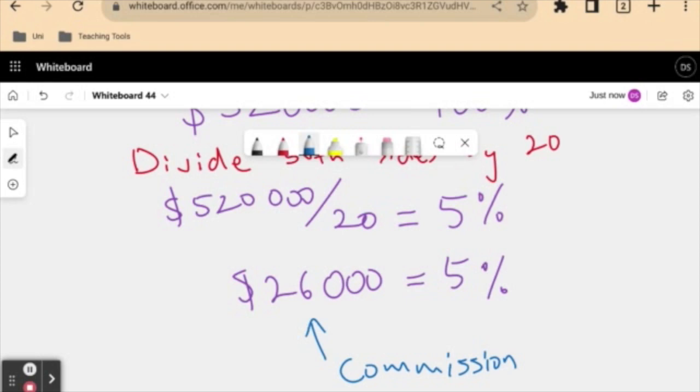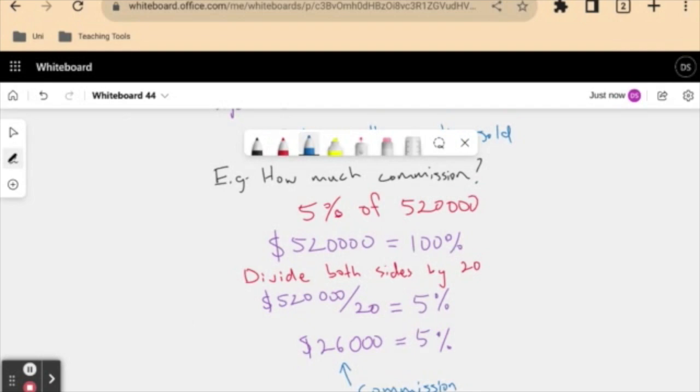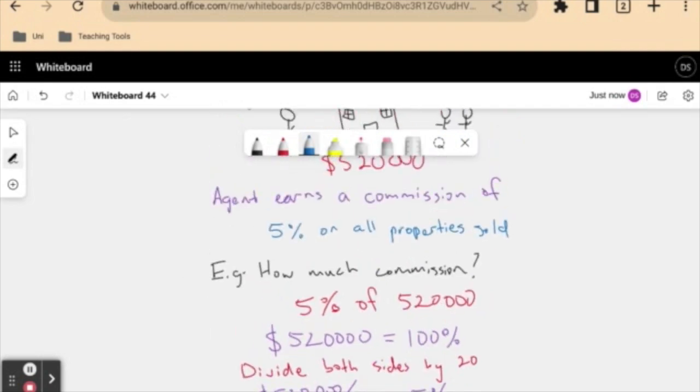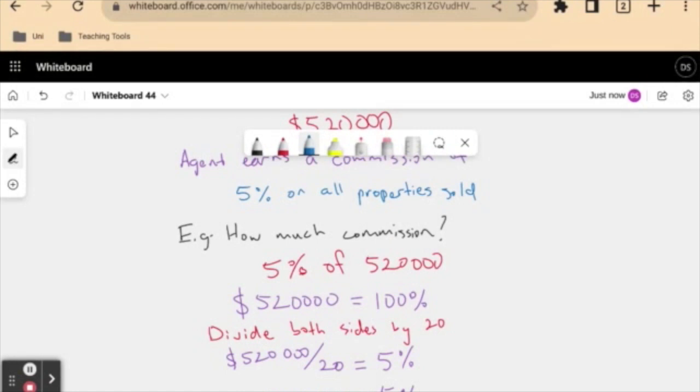Now, I'm going to leave it there, but this is essentially how commission works. Commissions are just some percentage of the price sold. And we work through these questions in the exact same way as we do with percentages of a quantity.